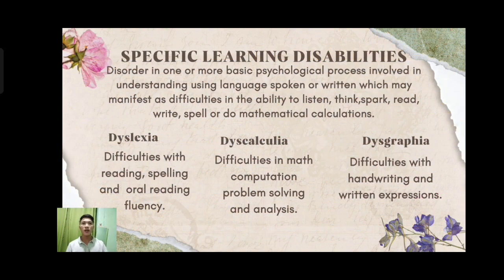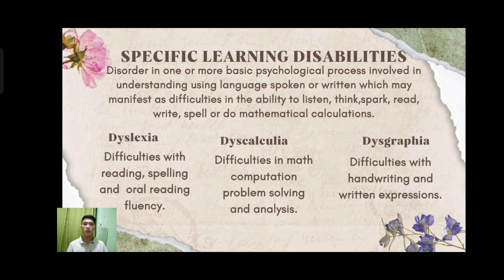The next is the specific learning disabilities. It is a disorder in one or more basic psychological processes involved in understanding or using language, spoken or written, which may manifest as difficulties in the ability to listen, think, speak, read, write, spell, or do mathematical calculations.